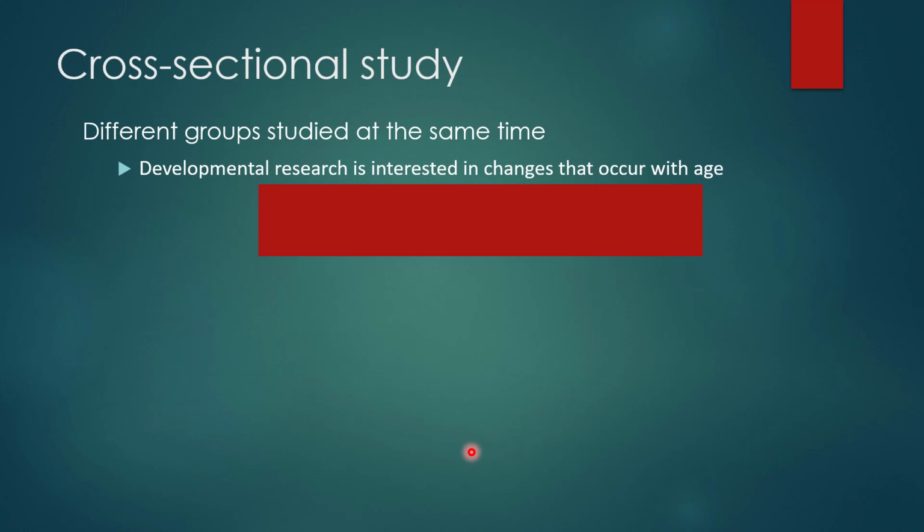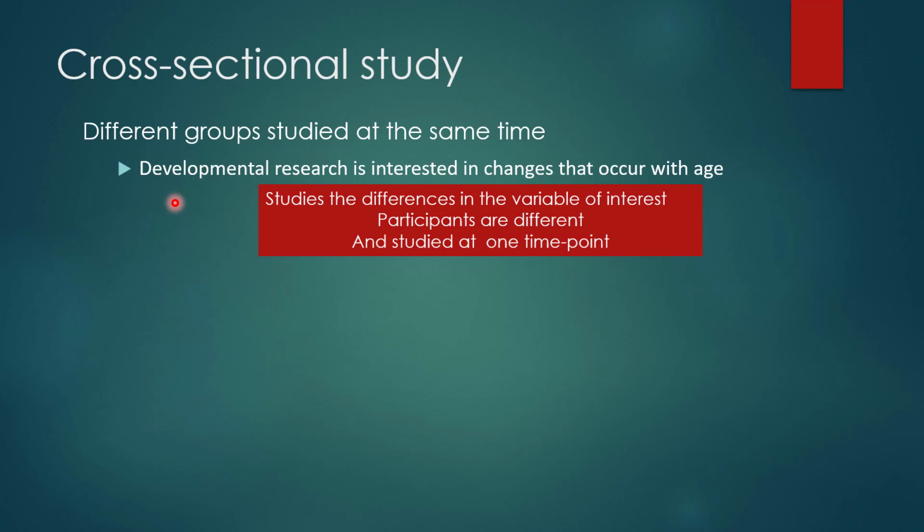Now, a cross-sectional study is where we have different groups that are studied at the same time. And again, because developmental research is interested in changes that occur with age, most of the time those different groups are going to be different ages. So these are going to study differences in the variable of interest, and a lot of times that's going to be age. The participants are different, so it's not the same group of individuals, and they're studied at one time point.